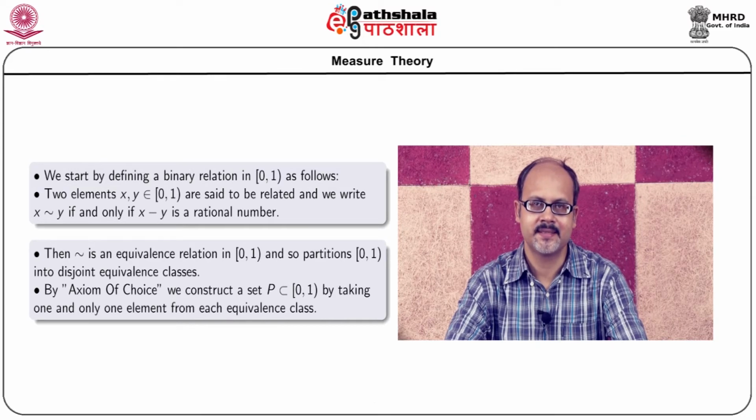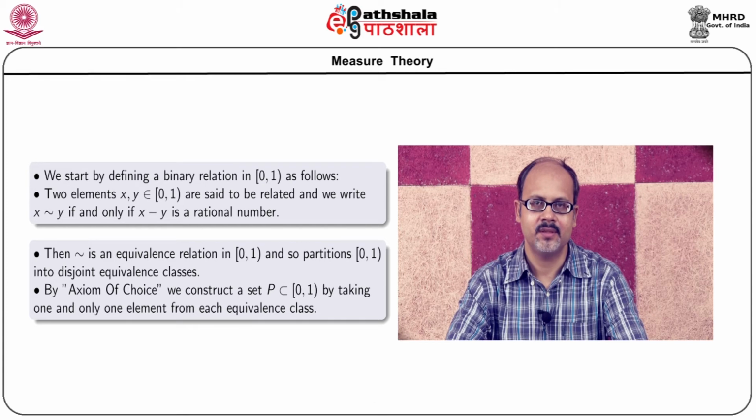If x is related to y, this means that x minus y is a rational number, and then y minus x is also a rational number. So, x related to y implies that y is also related to x.